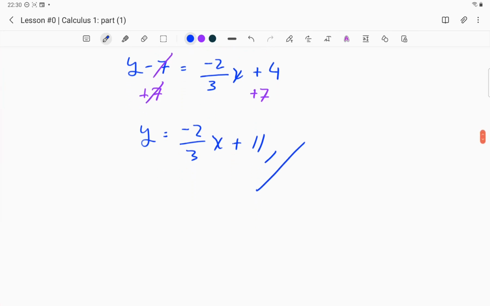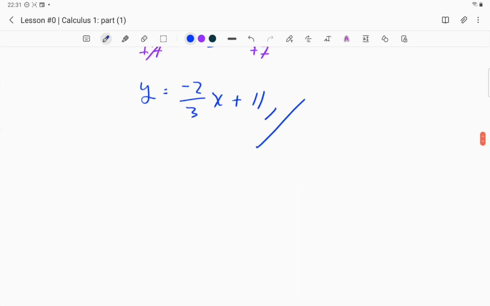Let me repeat the explanation. Perpendicular lines are lines whose slopes are negative reciprocals. Why say negative reciprocals? You're gonna find out real soon. Oh, and one more thing to say.